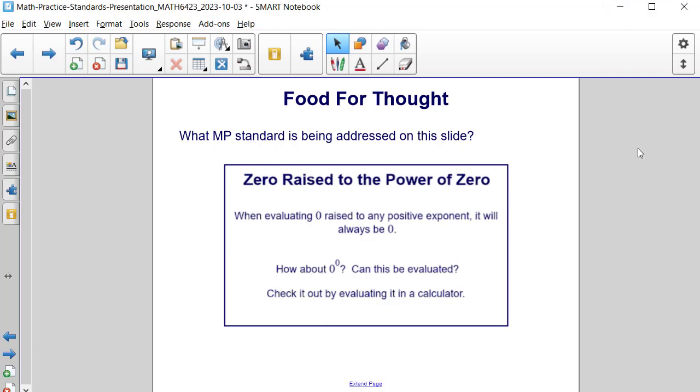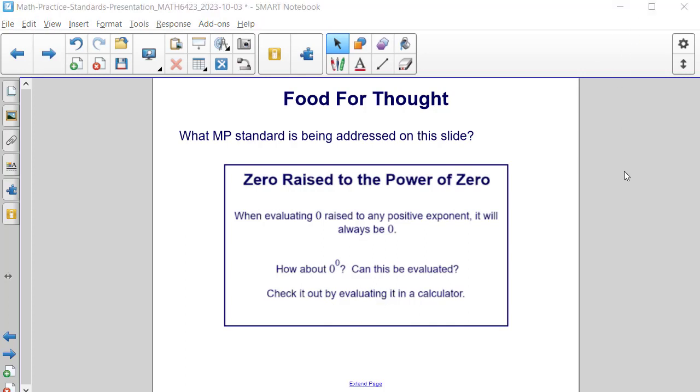The big standard that is being addressed on this slide, evaluating and evaluated are the key words here. This is about reasoning quantitatively and abstractly. They can also be evaluated in a calculator, so that's math practice standard number 5, using appropriate tools strategically. You can also consider it to be mathematical practice standard 1 oriented, about making sense of the problems and persevering in solving them.